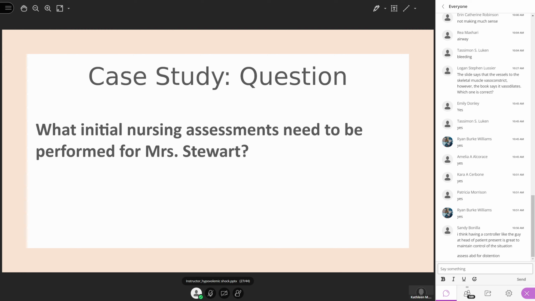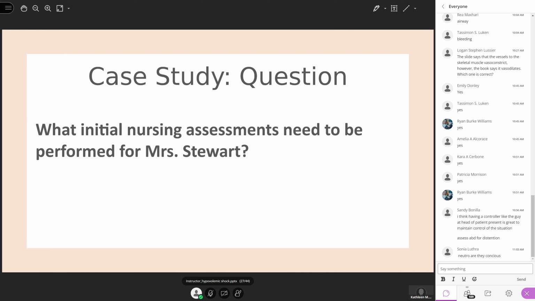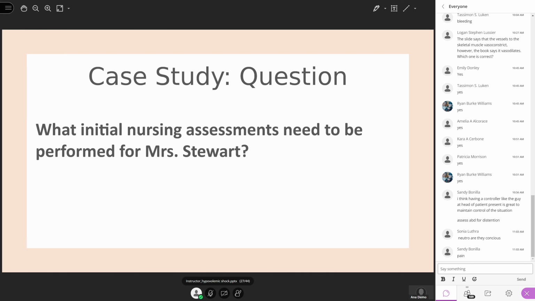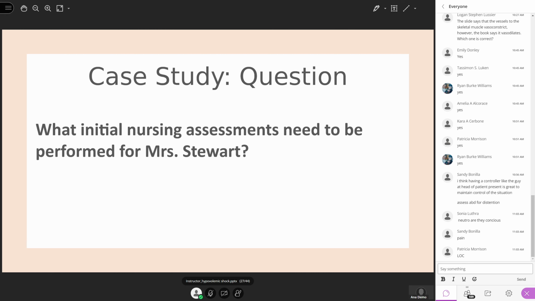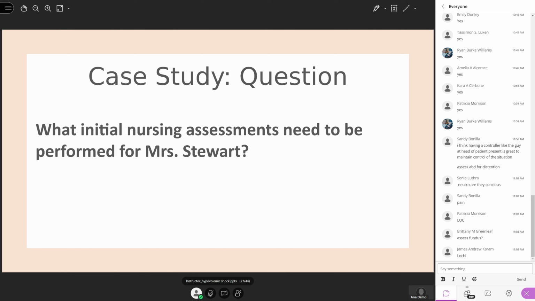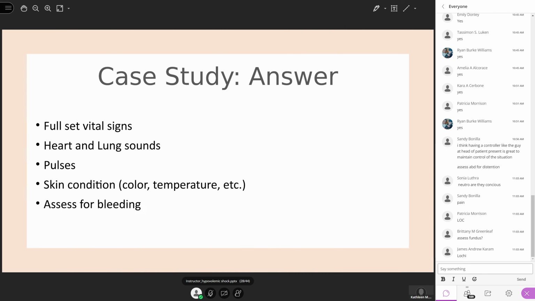What's your physical assessment? I would check her for vaginal bleeding and how her fundus was doing, and making sure she wasn't hemorrhaging through her vagina. Yes, you are definitely going to assess all of those things.